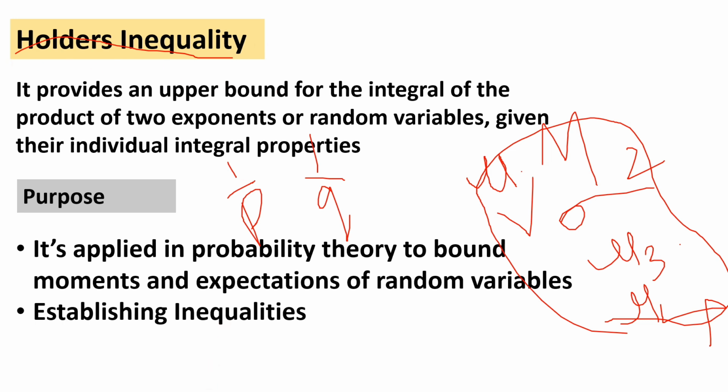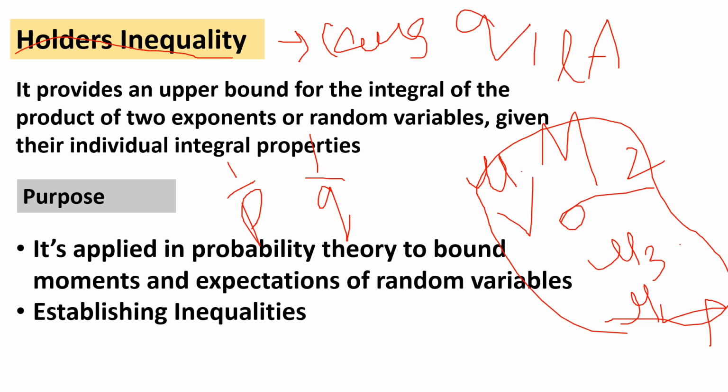And we also have the Cauchy-Schwarz inequality, right? Do you remember it? And this Hölder's inequality is a special case of the Cauchy-Schwarz inequality, which can be used in quantum mechanics, linear algebra, LA, and also statistics.